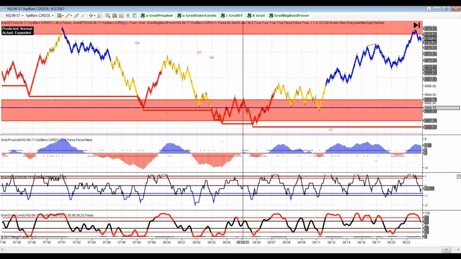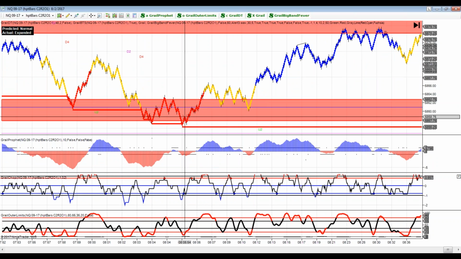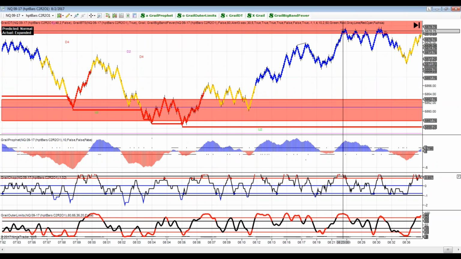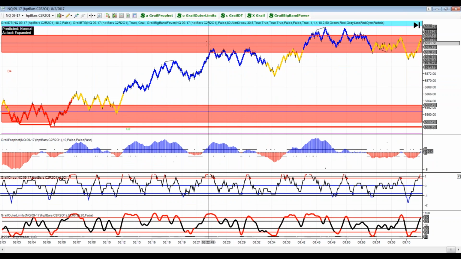Once we break above, this is the area I'm looking at. Okay, and you can see, what did we do? We went band to band again. We were from this band up to the next band. And from that, you had a pretty good bounce.